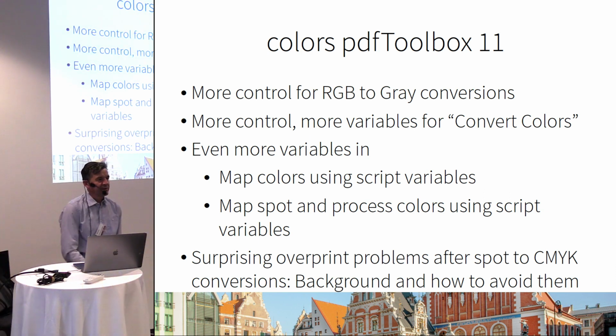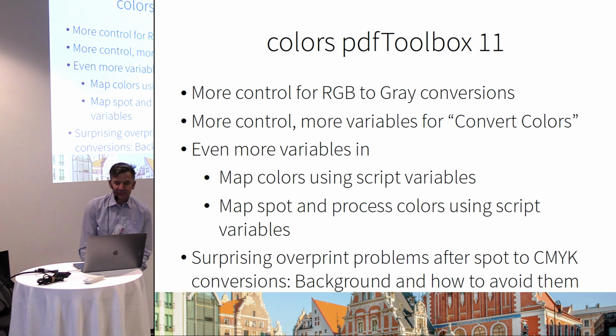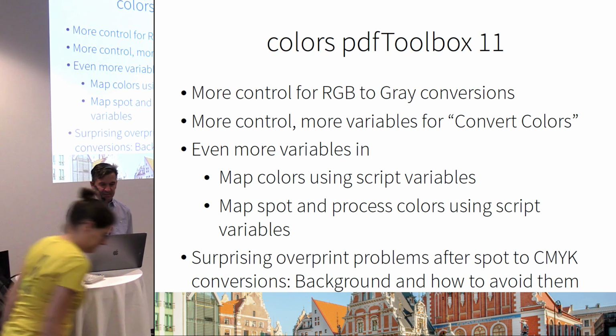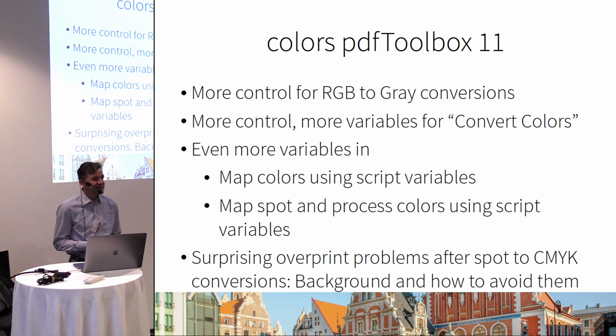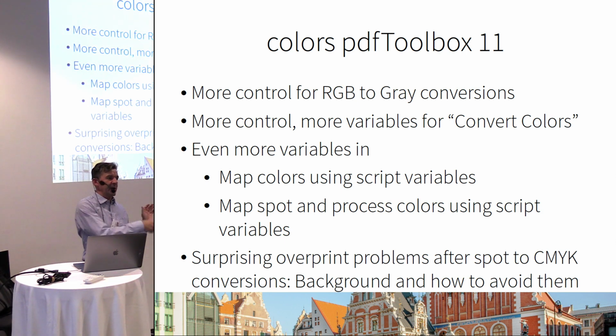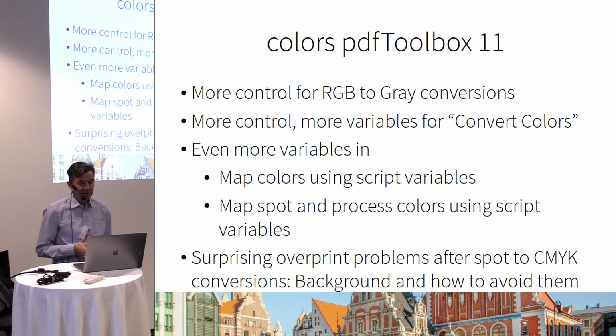So this is about colors, pdfToolbox 11, and there are basically a few topics that I want to cover. The first is RGB to gray conversions. Second, more control when it comes to converting RGB gray to CMYK gray, which I had on the first day. So we give you more control about what's happening there.